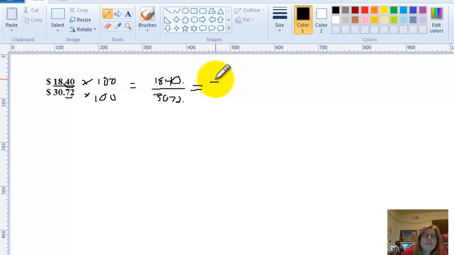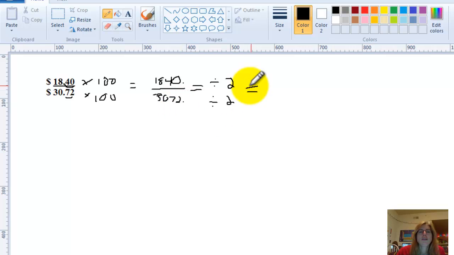But let's pretend for a minute we don't know the biggest number to divide by, and so we are going to just divide by 2. So I'll show you how that works. Because when you're in a test, you're going to do the thing that you know how to do first. So both of these are even numbers, and you're going to divide by 2, and you can use your calculator.